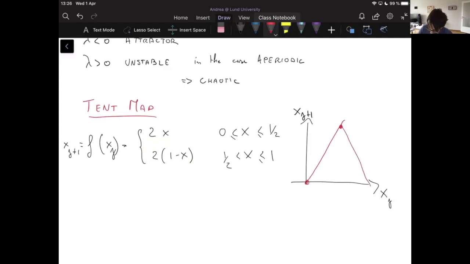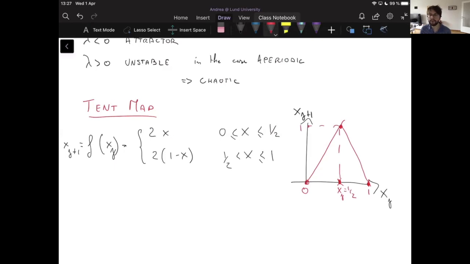It's equal to 0 here, so when x_j is equal to 1, x_{j+1} is equal to 0, and when x_j is equal to 1/2, then x_{j+1} is equal to 1.